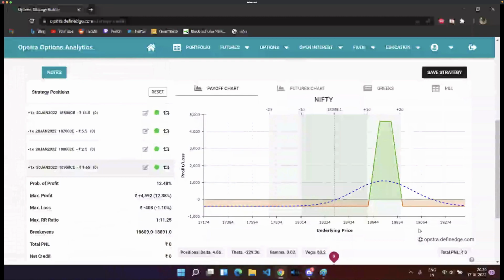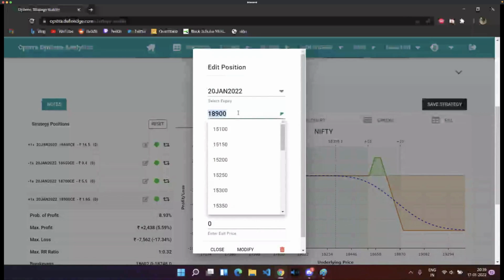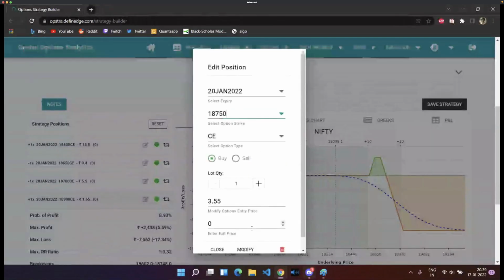So now let's just build 18,700, 750. So this is also similar. 2,300 bucks, 6% on expiry.